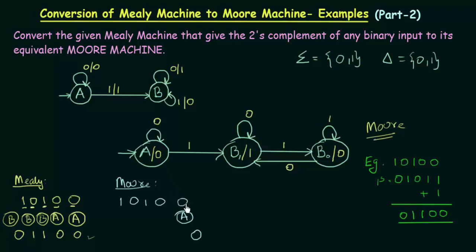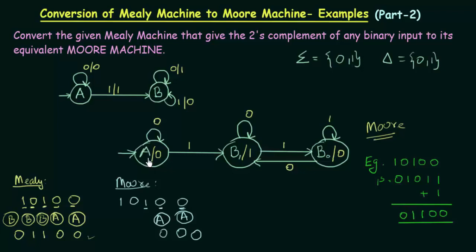Then we get the first input, 0, and A stays in A itself and gives 0. Then we get the next input, 0; we are in state A, it stays in A itself, and the output is 0.